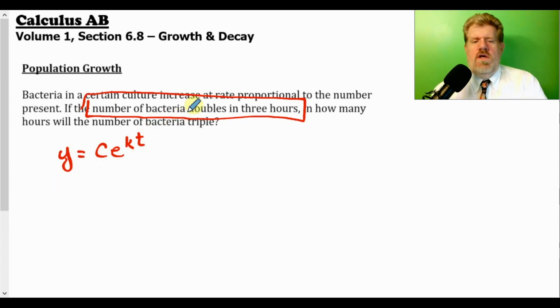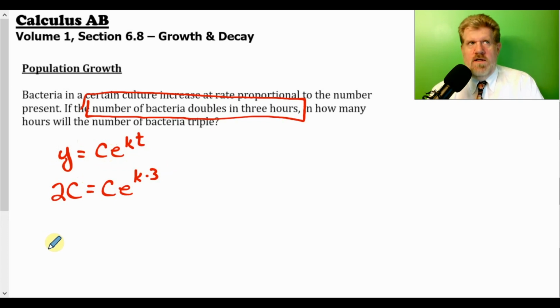What we know is that it doubles in 3 hours. So in 3 hours, how much do I have? Well, if I started with C, that means in 3 hours I have twice that much. And there's my equation.